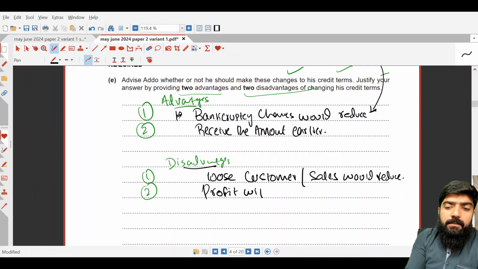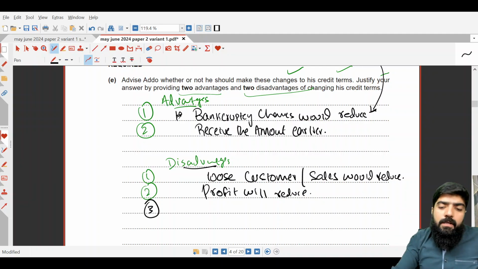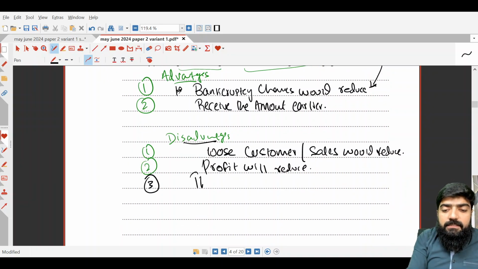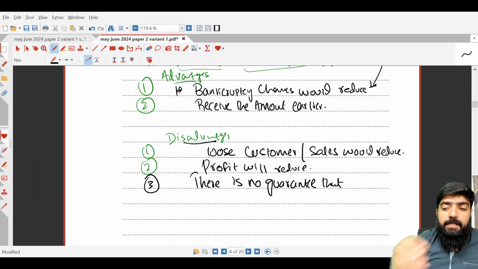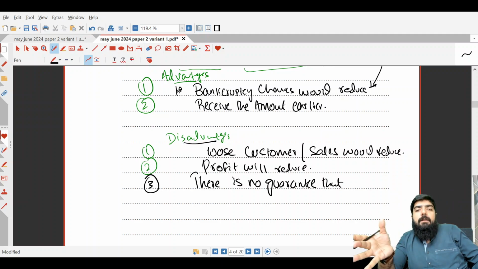And one more thing: if you're offering more cash discount, there is no guarantee that the customer will still pay on time. There is no guarantee that the customer will pay, and pay on time. There is still a chance of bankruptcy.